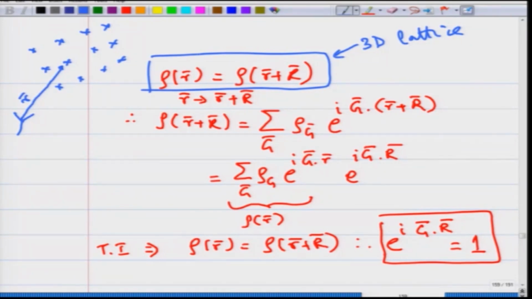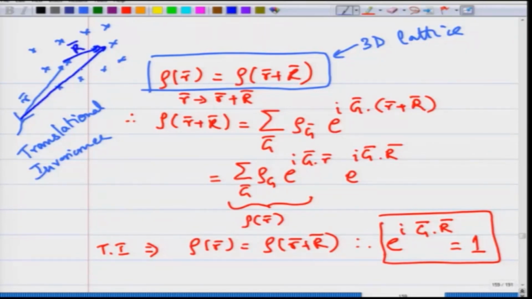The requirement of translation invariance, which is a very important aspect of a Bravais lattice, requires that if I go from this point r and translate by an amount given by my lattice vector R, then the density at r plus R should be exactly identical to the density at r, and that is written out here.